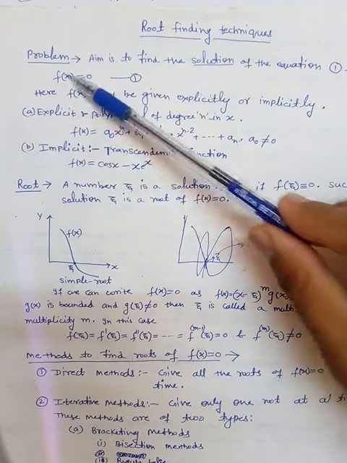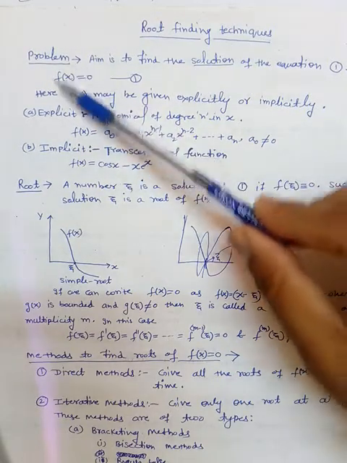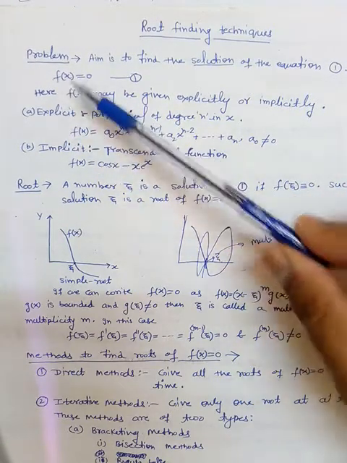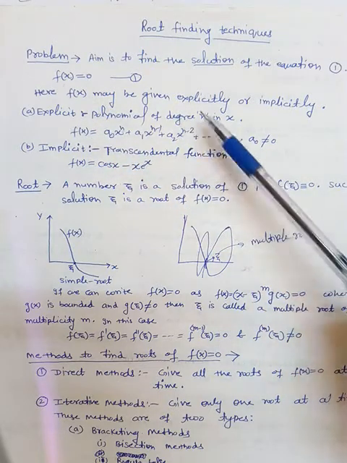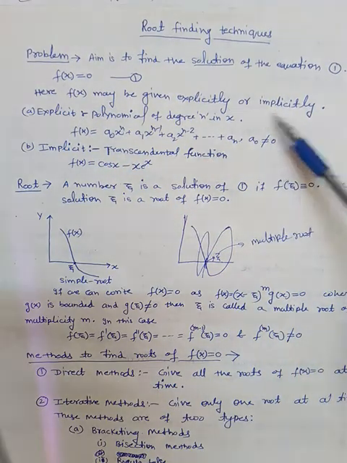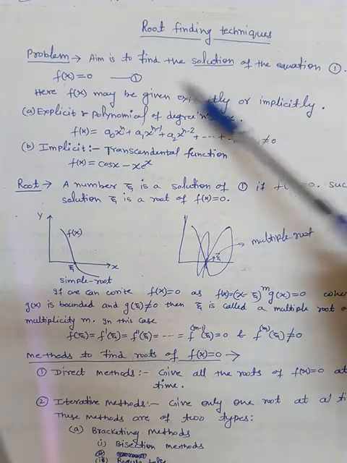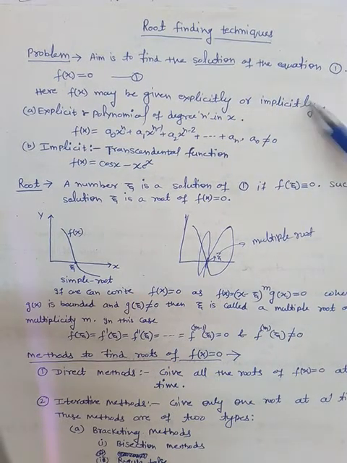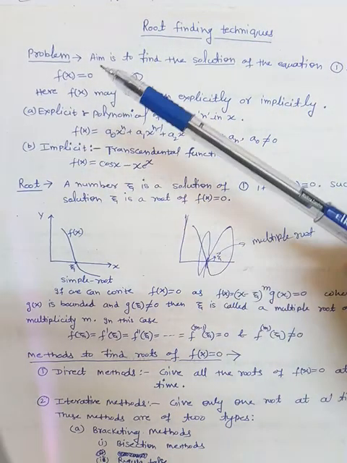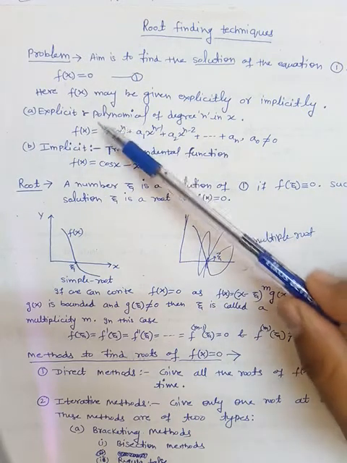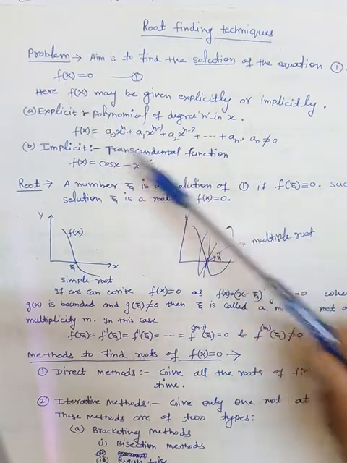Now f of x may be divided broadly into two parts: explicit or implicit. What is the meaning of explicit or implicit? Explicit means f of x is a polynomial.